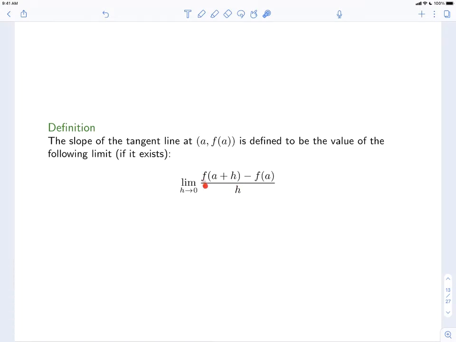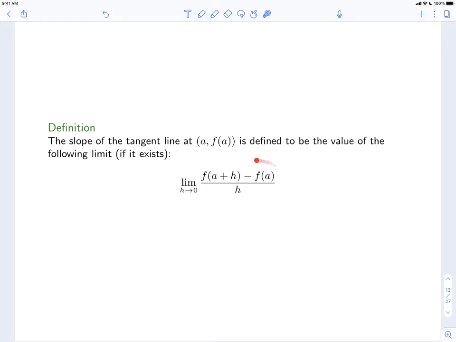This is the slope of the secant line. And if h is really small, then it's close to the slope of the tangent line. So what we're going to do is compute the limit as h goes to 0. So this limiting value will be the slope of our tangent line.